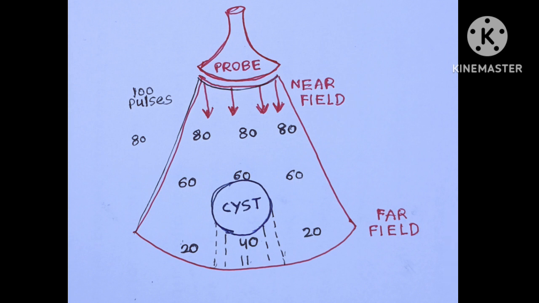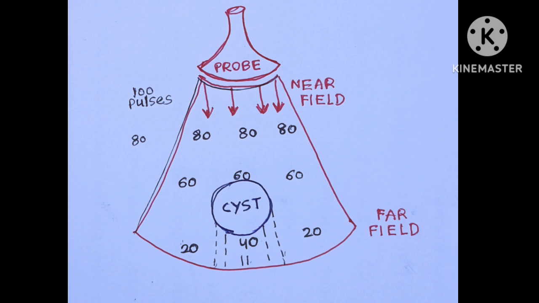Due to the presence of a cyst containing clear fluid inside, beam attenuation is much less in comparison to the other surrounding area, which is solid in nature. Due to less beam attenuation, the area just posterior to the cyst has more strength of ultrasound beam and frequency, which is more scannable than the surrounding areas.